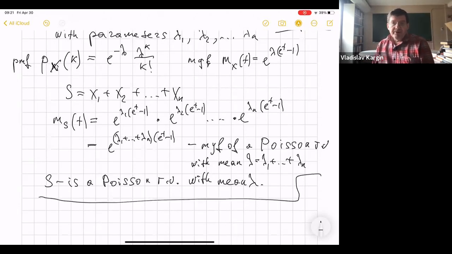So this is the moment generating method, which we covered today, and this completes the triple of these methods.